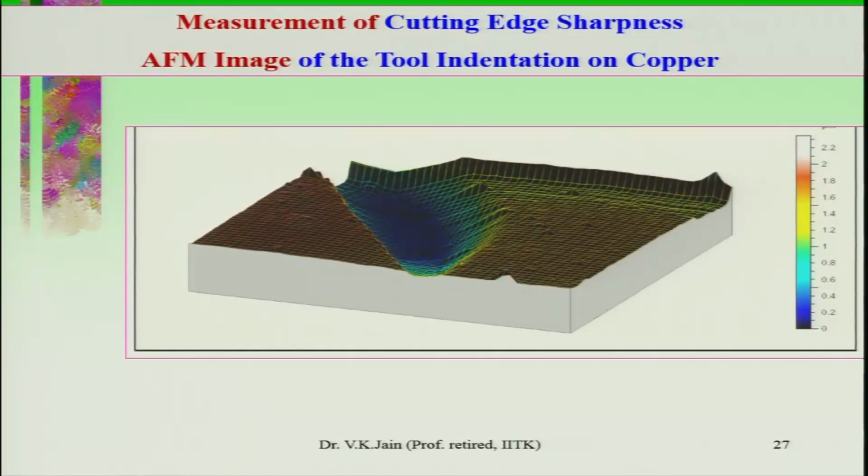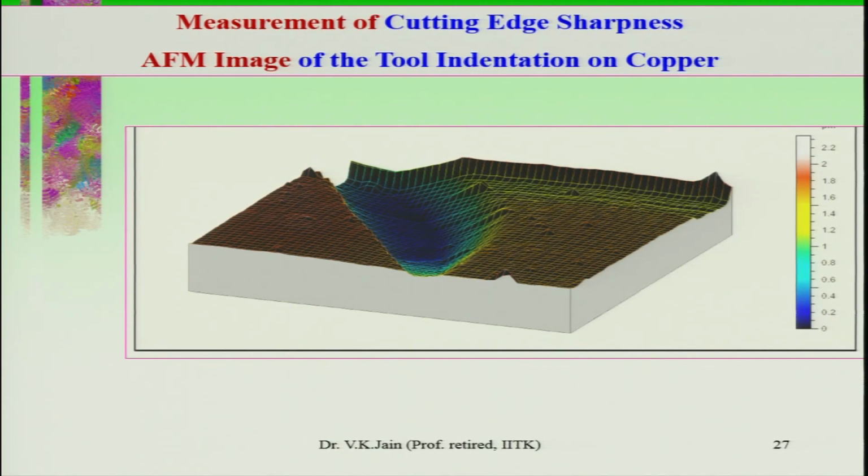Now, you can see measurement of cutting edge sharpness, atomic force microscope image of the tool, indentation on the copper, tool has been indented on the copper. Now, you can see clearly cutting edge, these are the other faces, and this is the depth or height of the diamond cutting tool.